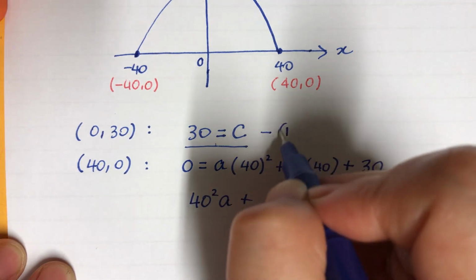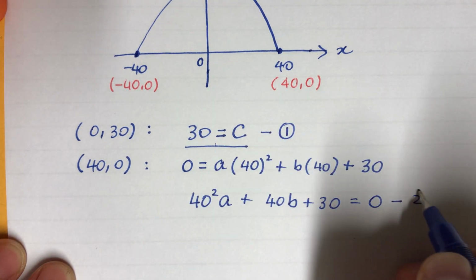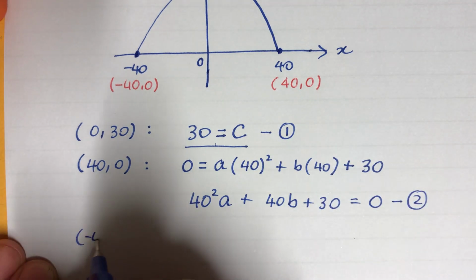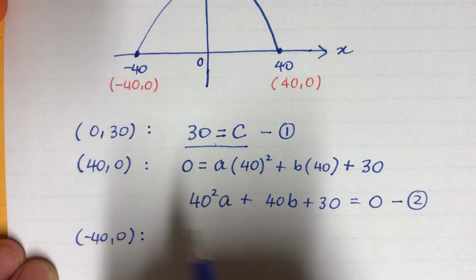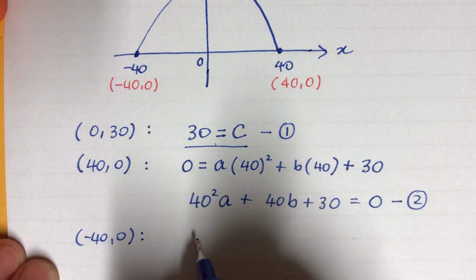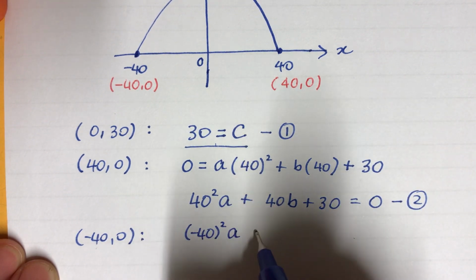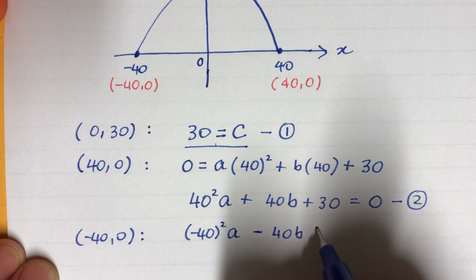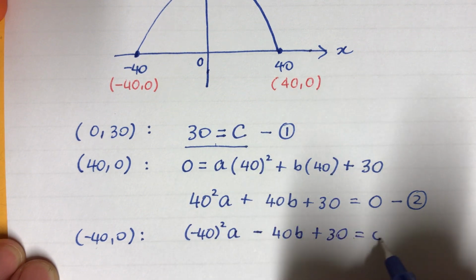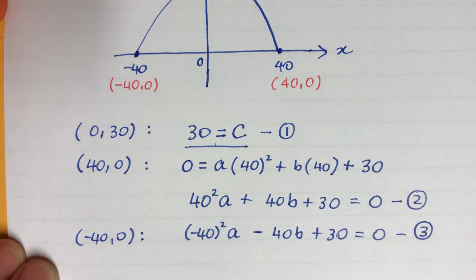So that was my first one. This is my second. Now my third one will be similar. So it'll be minus 40 squared a minus 40b plus 30 equals 0.